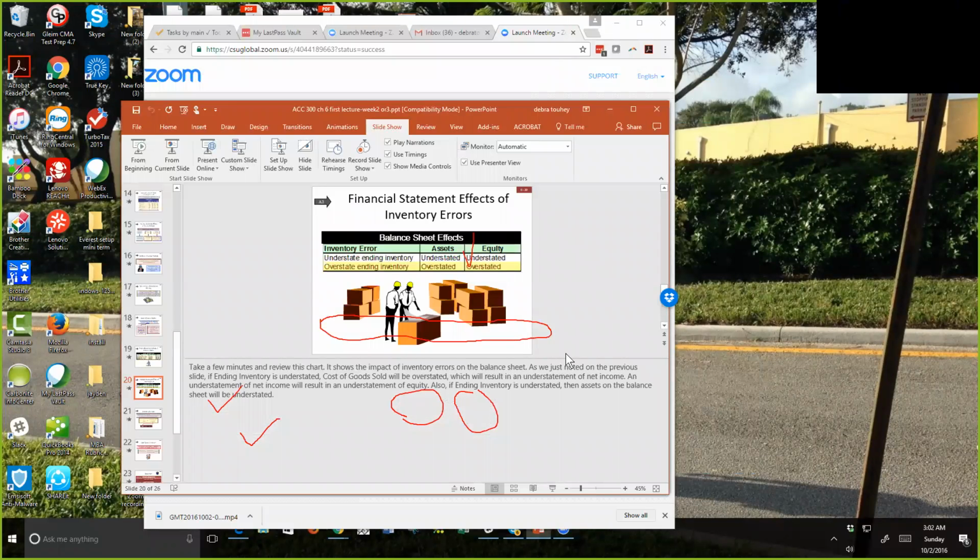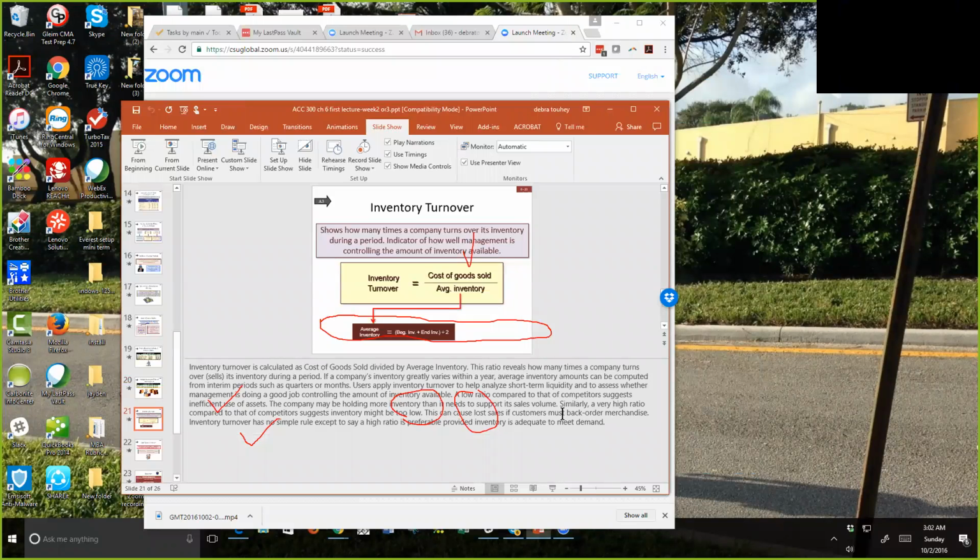All right, I had a couple other things. I went through the inventory errors. Let's see. A good ratio, we'll throw in this always, great ratios to go along with everything that we do. Inventory turnover. We want to see how much the firm is turning over their inventory, because that shows that they're doing their jobs well, right?